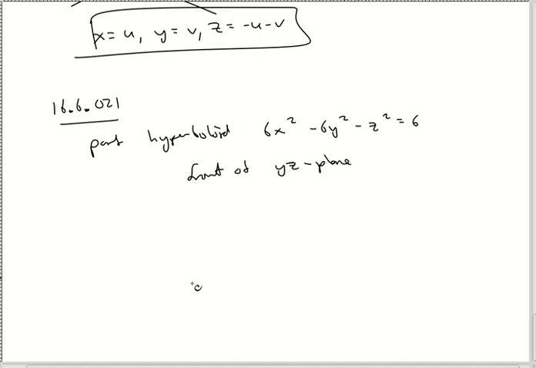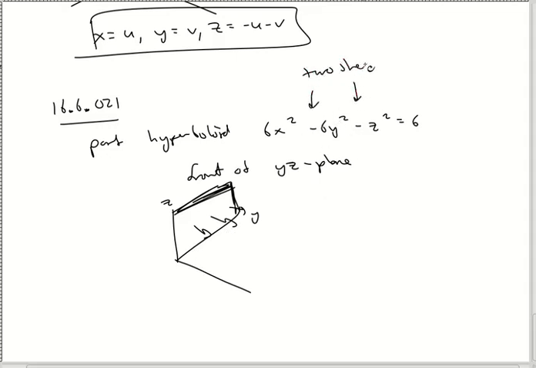So in front of it. What does that look like? Well, the yz plane is this guy here. So this is my yz plane, essentially, and I'm in front of it, which I'm assuming is going to be positive. Notice that this is a hyperboloid of 2 sheets.